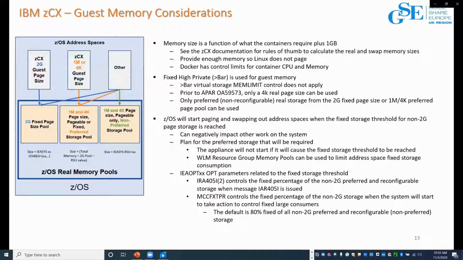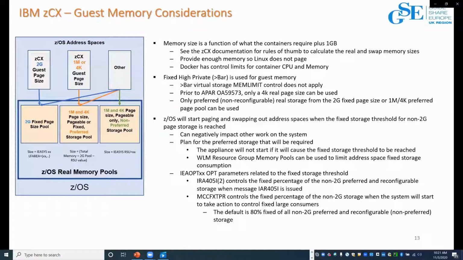And that's important to understand when you're doing capacity planning for guest memory. If you're using 2 gig storage, it has to come from the 2 gig area. If you're using 1 meg or 4K fixed frames, SRM has controls via IEAOPT xx.